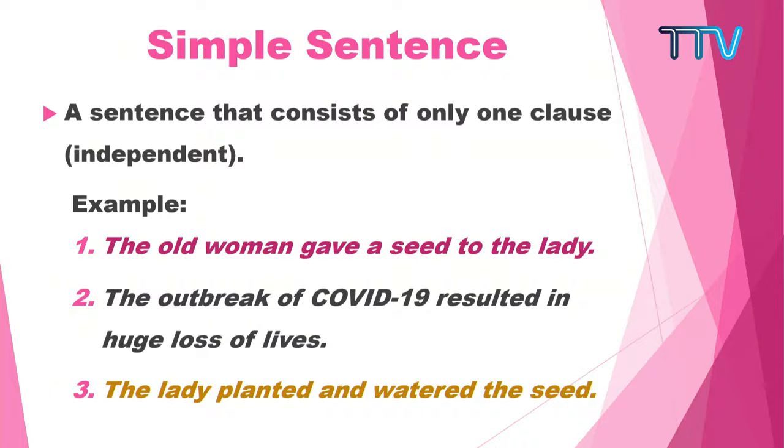The old woman gave a seat to the lady. The outbreak of COVID-19 resulted in huge loss of lives. Again, past tense. And in the third sentence, the lady planted and watered the seed. Here I just want you to notice how many subjects there are.